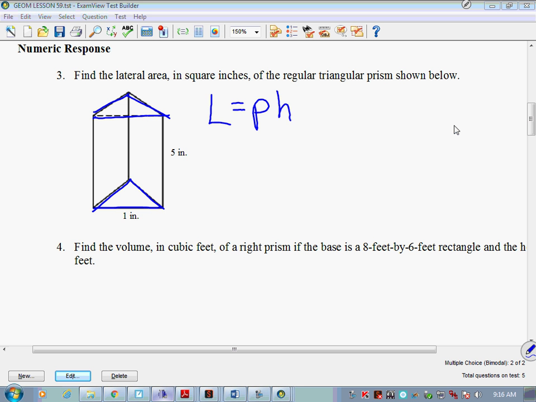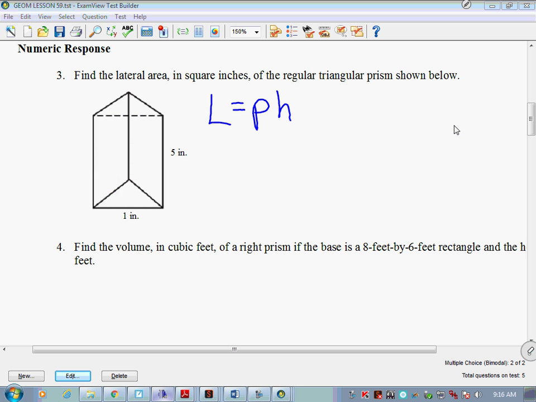Essentially, we're finding the area of these 3 rectangles that we're going to add together, if you can see that. But let's find our perimeter.